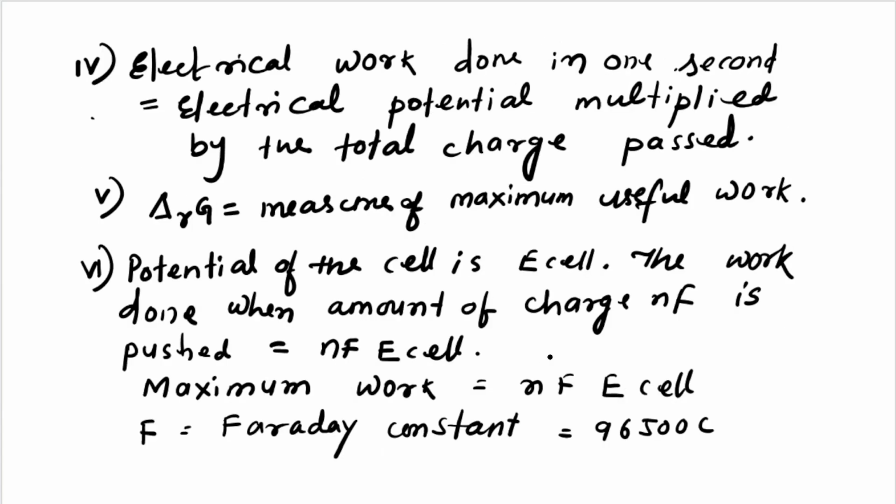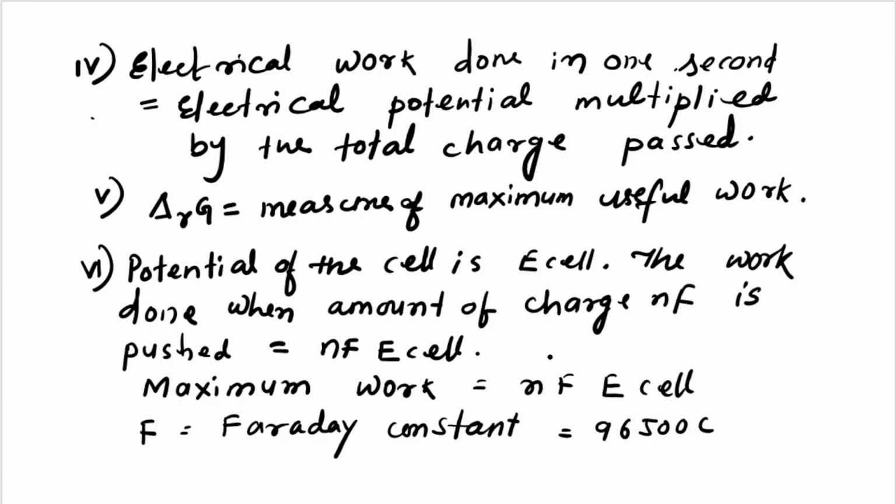Then here electrical work is done. How to calculate electrical work in 1 second? That is equal to the electrical potential multiplied by the total charge passed. Charge means how many coulombs are passed, that is multiplied. That means delta G is the measure of maximum useful work. So electric work is useful when electric potential is multiplied by total charge. The potential of the cell is E cell.